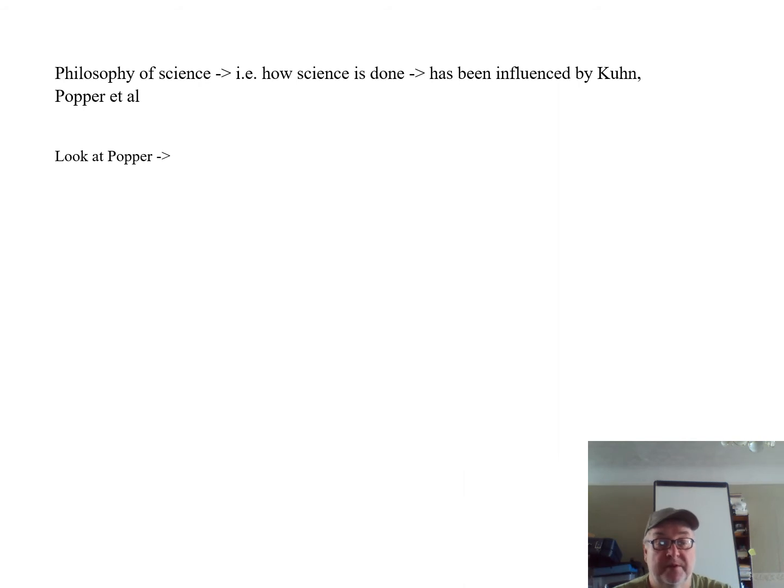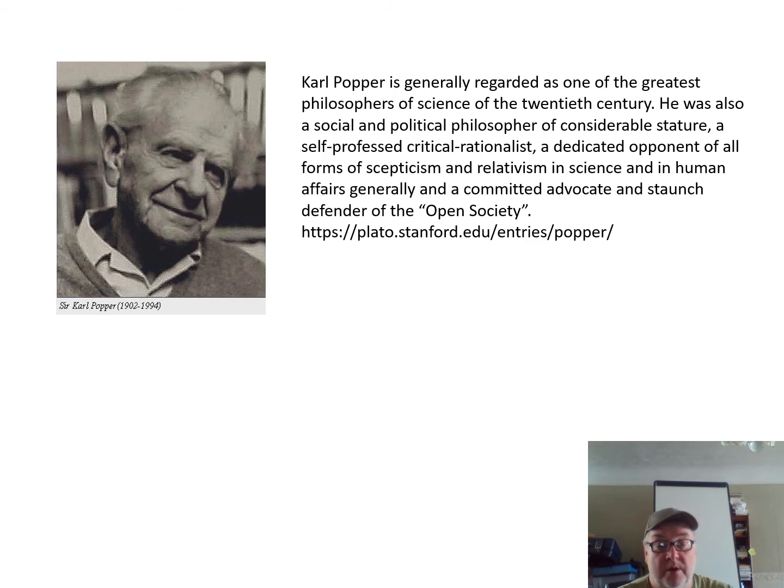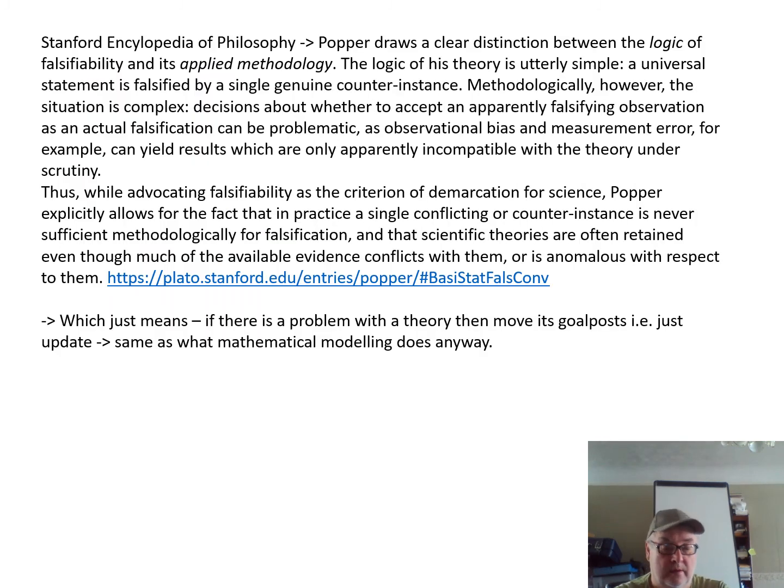So the philosophy of science, of how science is done, has been influenced by several philosophers. The main one is Popper. This is Karl Popper. He's generally regarded as one of the greatest philosophers of science of the 20th century. So what Karl Popper has is a philosophical theory of dealing with scientific theories, and from his proposal he's trying to talk about falsifying scientific theories.